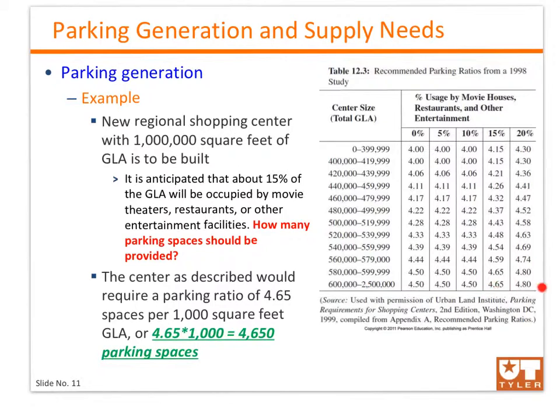So we're right here, and now it was given to us that 15% is going to be used for entertainment purposes, so it's going to be this column here. This is the number that I need to use, 4.65. So what I need is 4.65 parking spots for every 1,000 square feet.